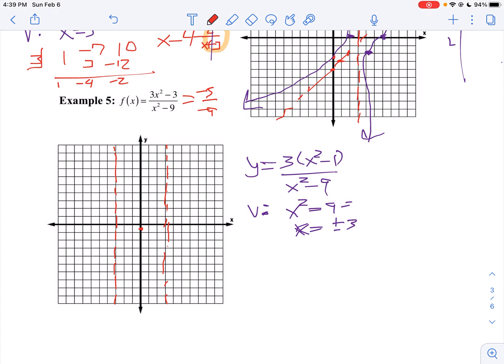I probably should have looked at my horizontal asymptote first, huh? My horizontal asymptote is, since they have the same degree, y is 3 divided by 1. So y equals 3. I'm going to make a horizontal asymptote going through 3.